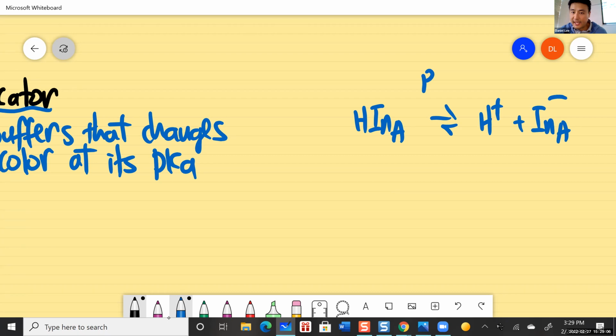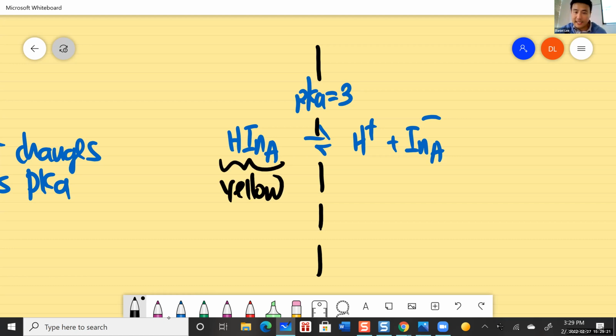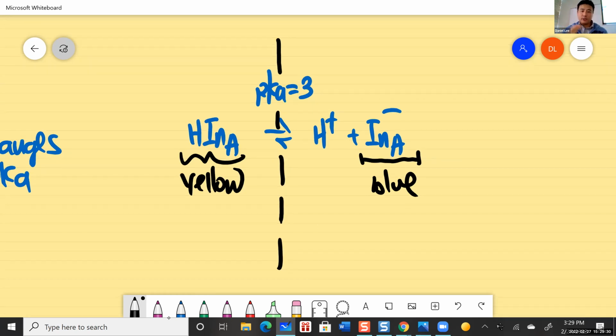So let's say the pKa is equal to 3. What this means is that 3 is where it changes color. For example, let's say the acid form is yellow. I'm making this up. And let's say the conjugate base is blue. So it will change color from yellow to blue, blue to yellow, depending on the pH.